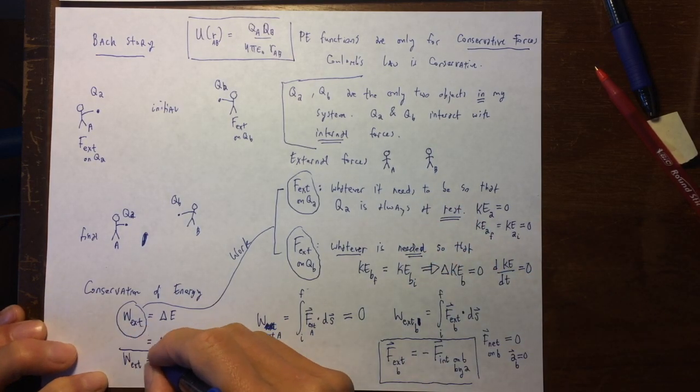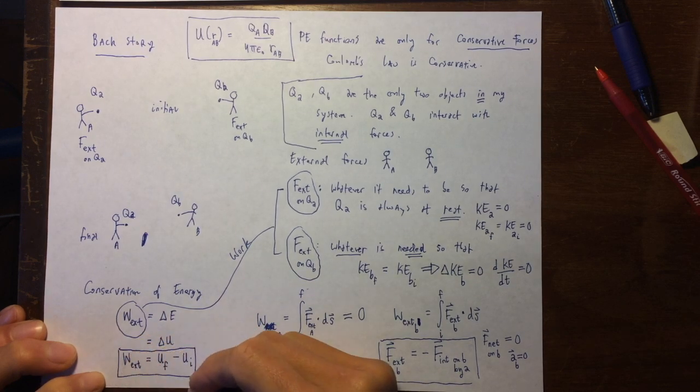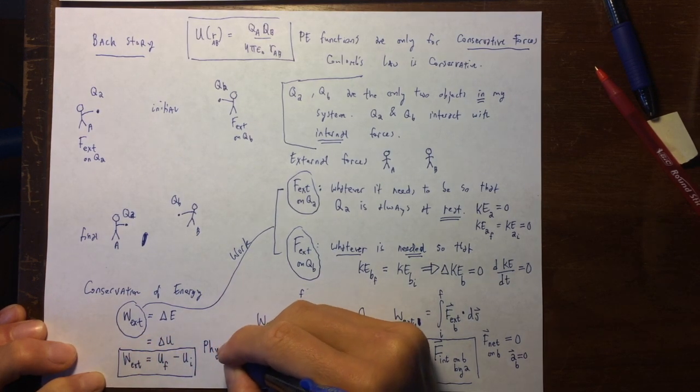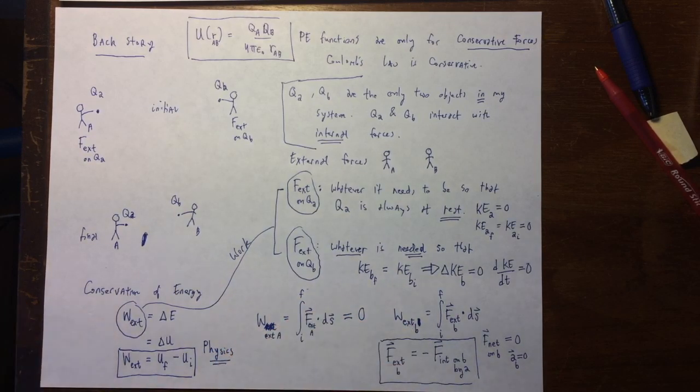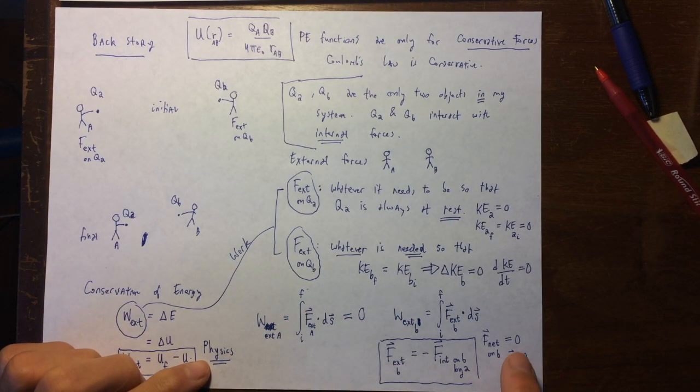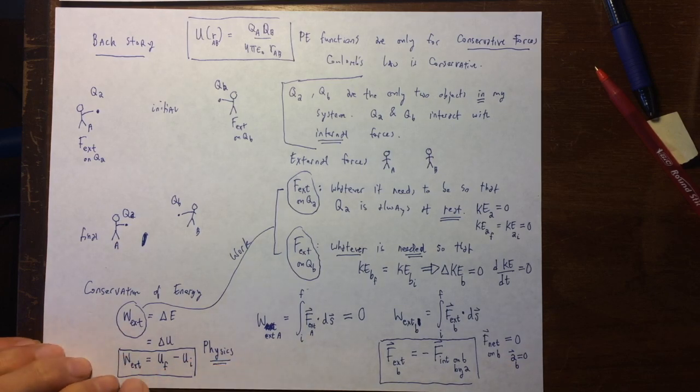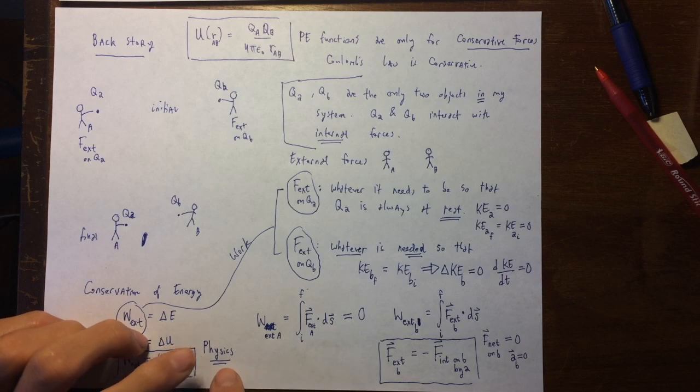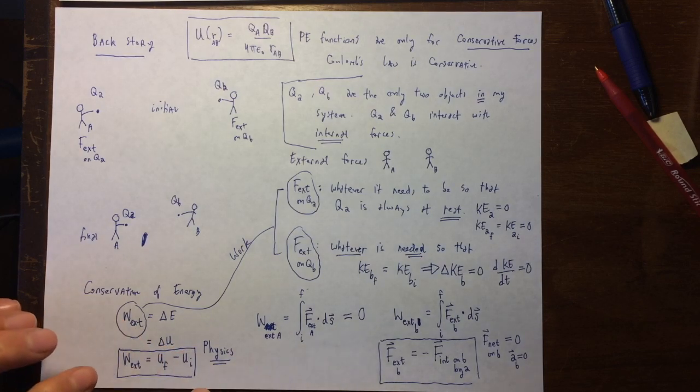And so here is what physics gives us. So this is the physics of Newton's second law. It's the physics of energy conservation. So this is very deeply physical. But what I'd like to point out is the following thing.